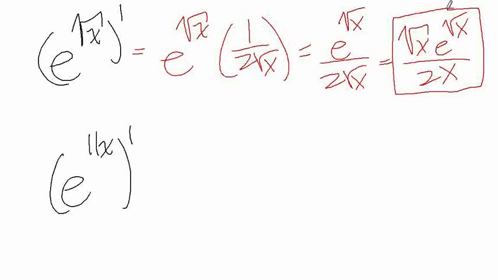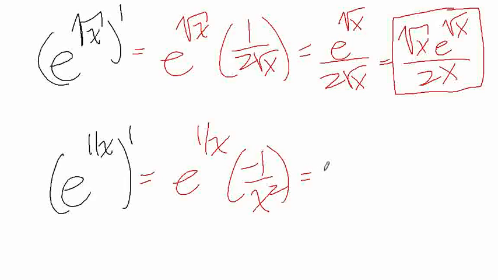I just removed the root x from the denominator, but that's not mandatory. So there's one way to express the answer. And for the other exercise, we would get e to the 1 over x times the derivative of 1 over x. Cleaning it up, minus e to the 1 over x all over x squared.